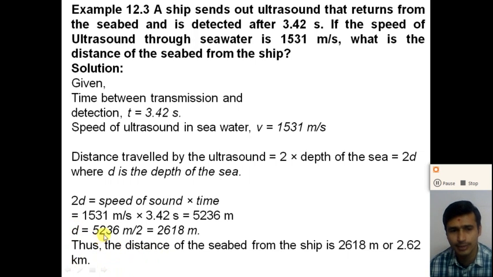So distance d is equal to 5236 meters divided by 2. We get 2618 meters. So the distance of the seabed from the ship is 2618 meters, or we can say that dividing by 1000 we get 2.62 kilometers.